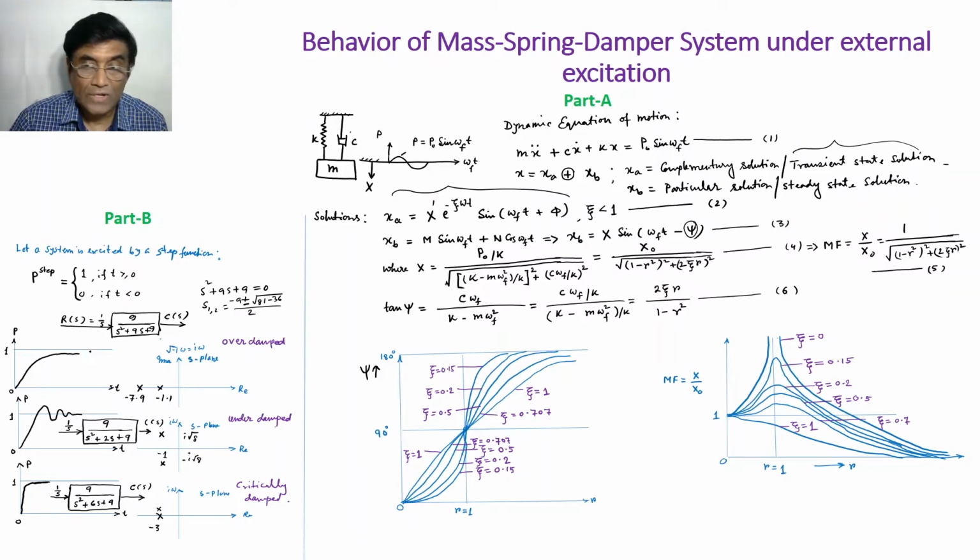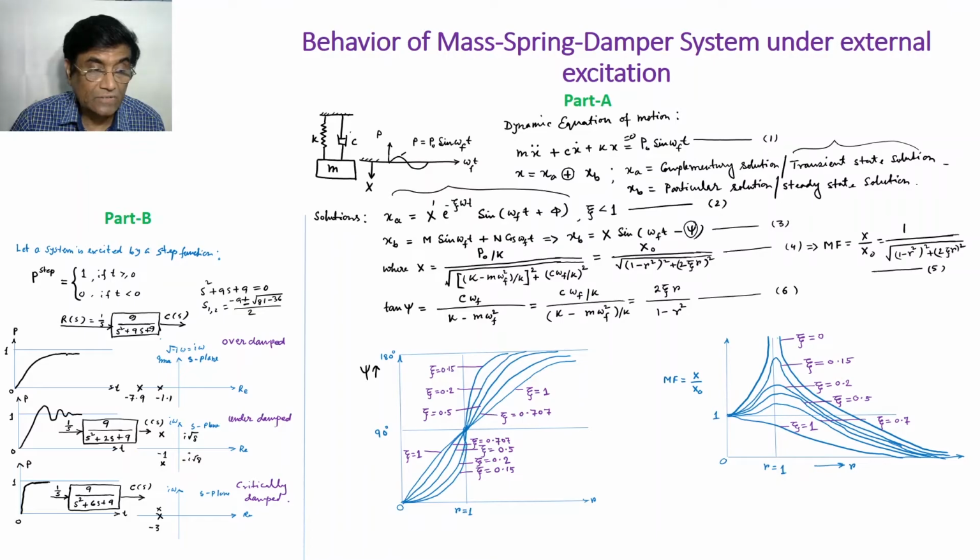So there are two kinds of solution. I told you about the complementary solution or transient state solution, which is when this equals 0. Then there will be the particular solution or steady state solution. Since the step excitation is always there in the steady state, the output will try to achieve that.